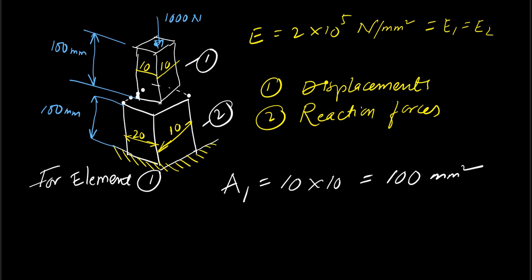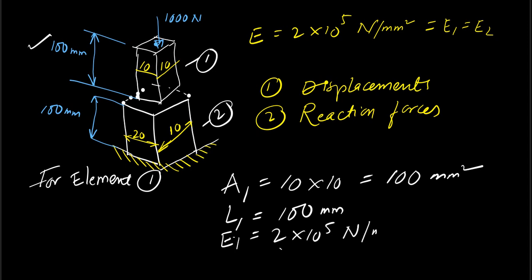You require the length to calculate the stiffness, that is 100 millimeter, and Young's modulus E1 is again 2 into 10 power of 5 Newton per millimeter square. No need to convert the units because all are in millimeter. So this is for element 1.